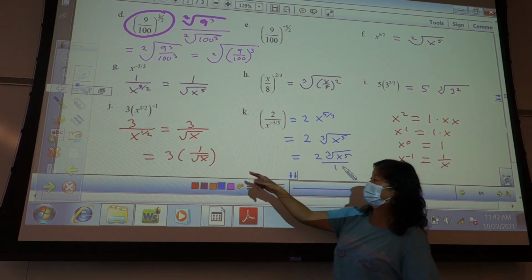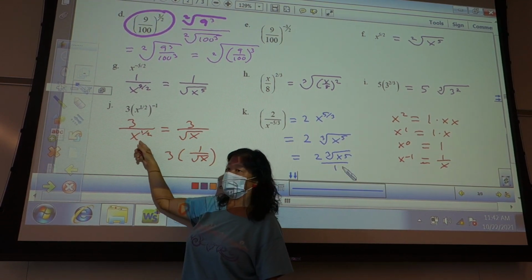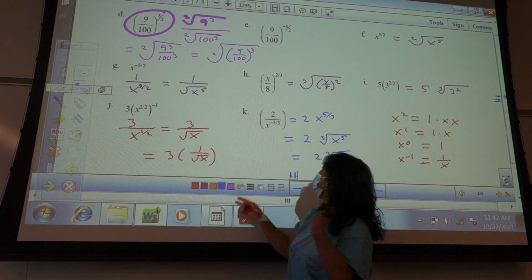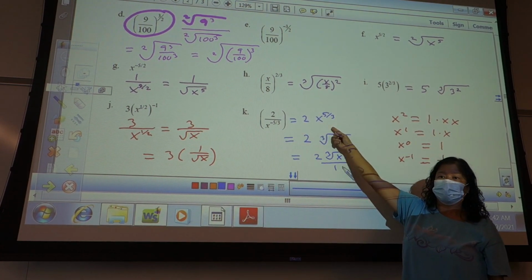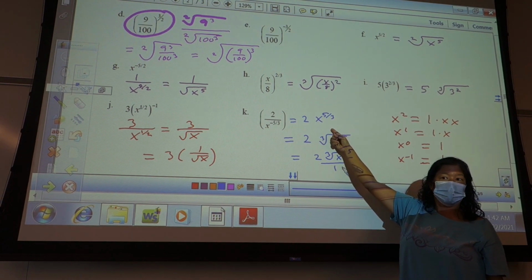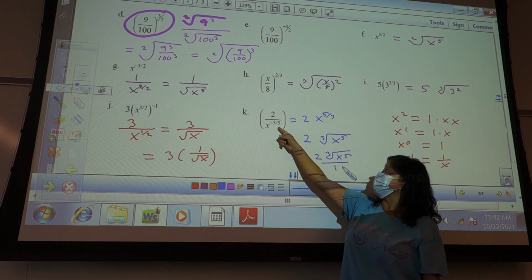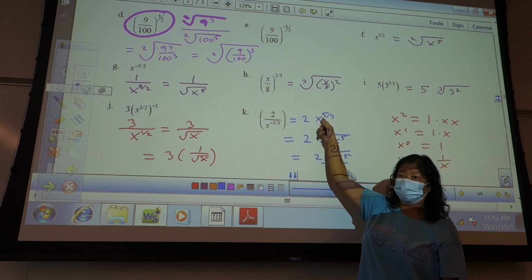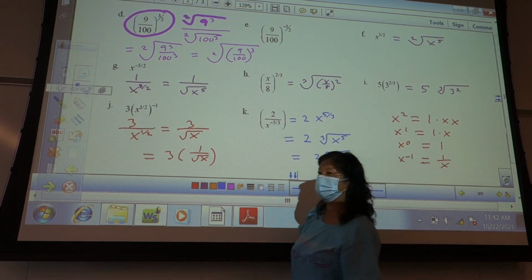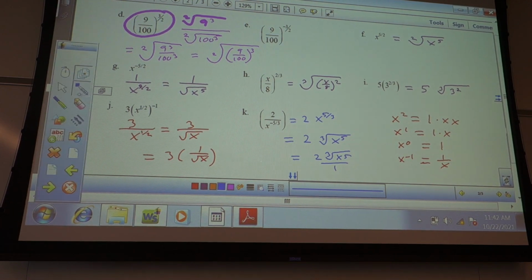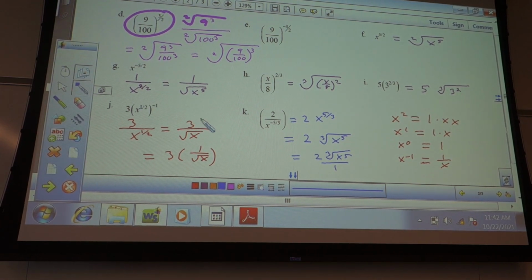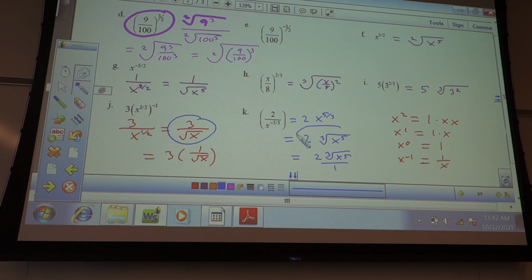All right, same thing. Negative on top really means dividing. Negative on the bottom really means multiply. Does that make sense? Because it's on the bottom, this means multiply on the top part. So the answers are this one and that one.